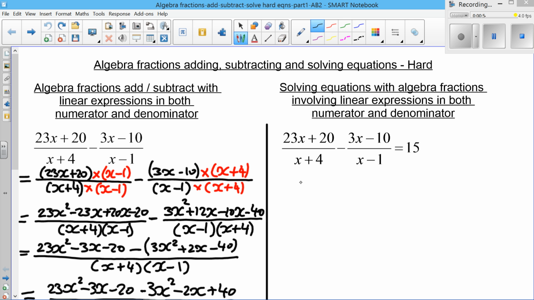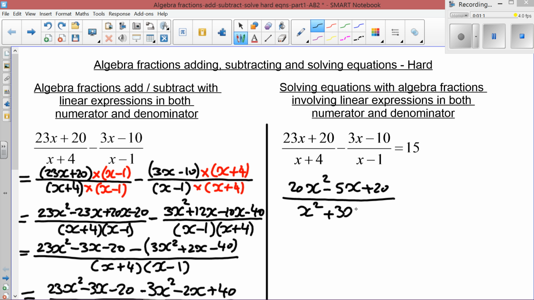So, the left-hand side of the equation becomes 20x squared minus 5x plus 20 over x squared plus 3x minus 4, and that must equal my 15 on the right hand side.